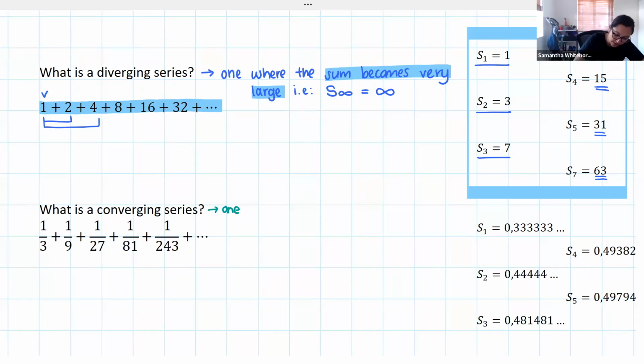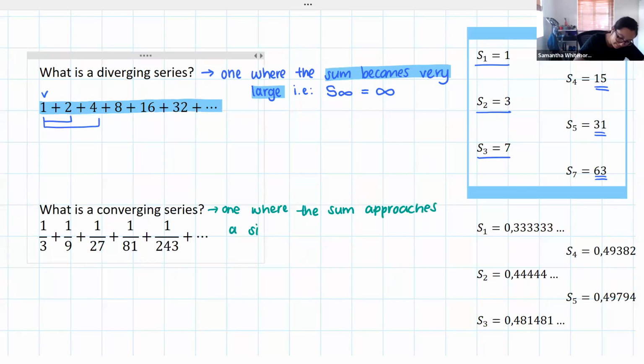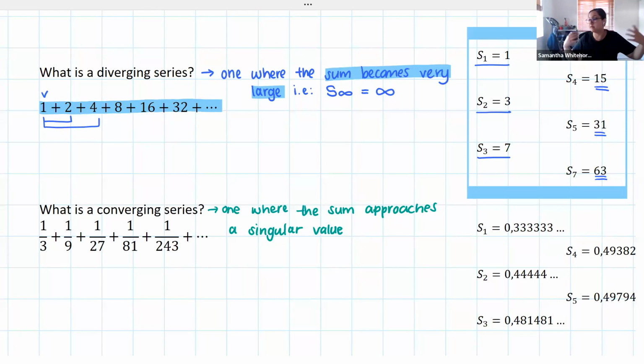So a converging series is one where the sum approaches a single value. Now that value can be anything. That value could be 1, it could be 0,3, it could be 40. But what we find is that as we start to add our terms together, they are getting closer and closer and closer to one single value.